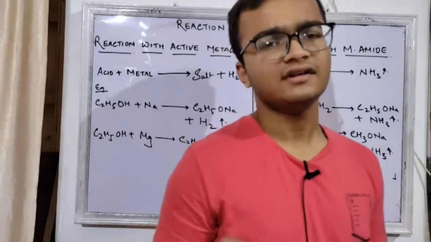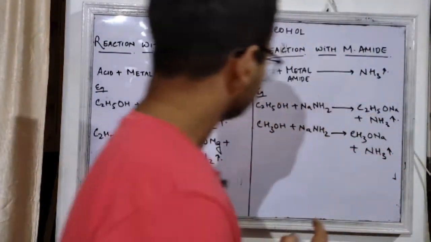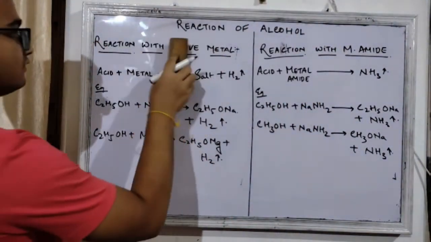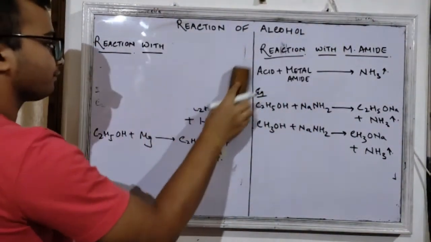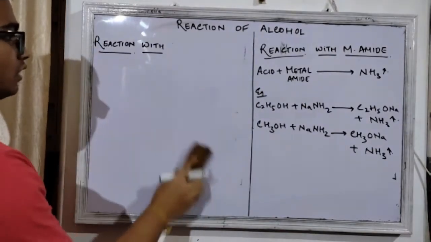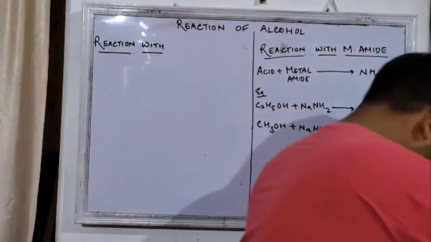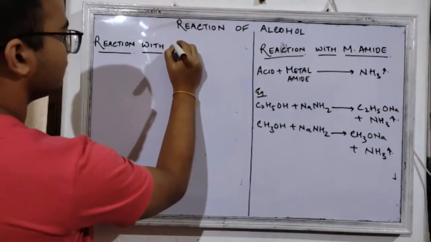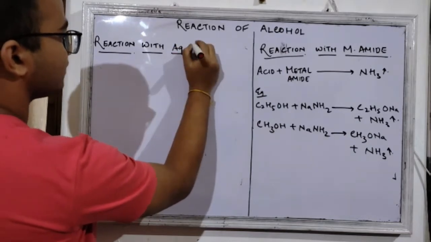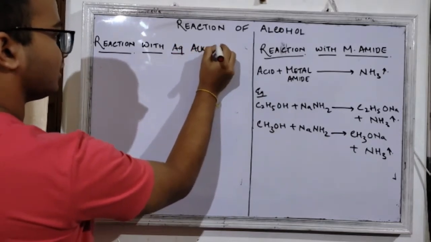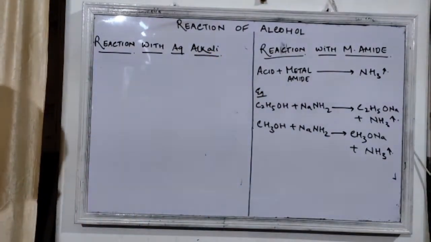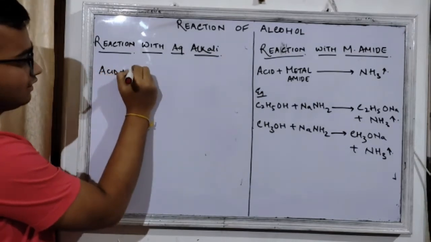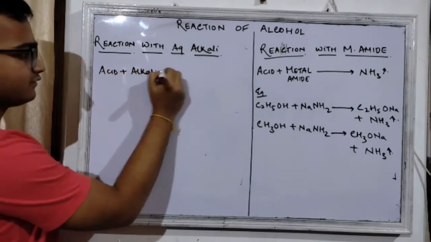Now we will study the reaction with aqueous alkali. So let's clear out this portion of the board. Reaction with aqueous alkali. Now alcohols are not so strong that they will give salt and water with alkali. Let's write here aqueous alkali. Alkalis are nothing but bases. So we know a fact that acid plus alkali always gives salt plus water.